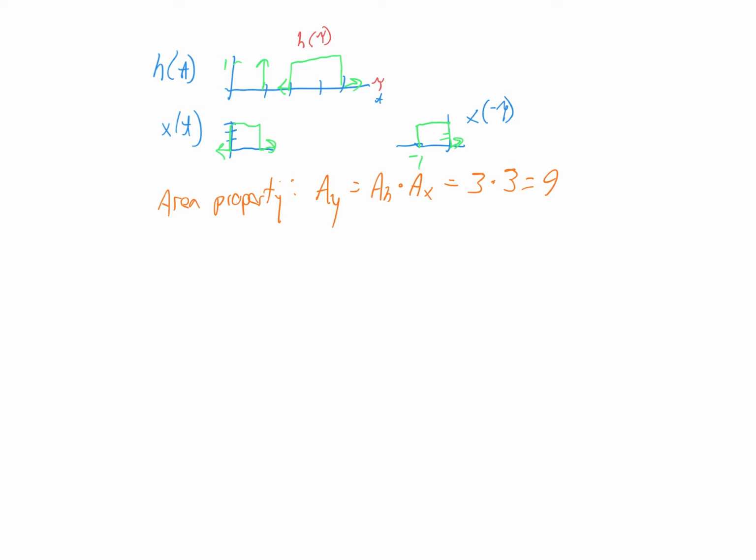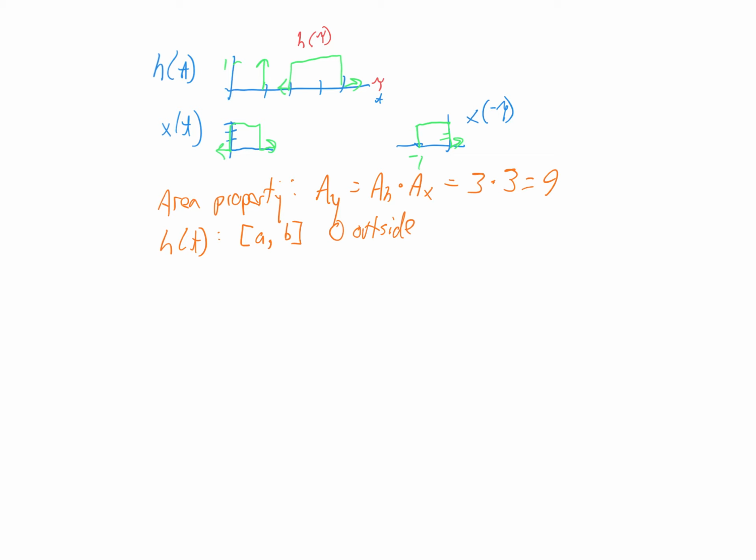Another property is going to be the width property, and this one is given in the book, but the idea is if you have h of t and it has support, it's defined on the domain from A to B, and it's 0 outside of that domain. So if t is less than A or t is greater than B, it's 0.